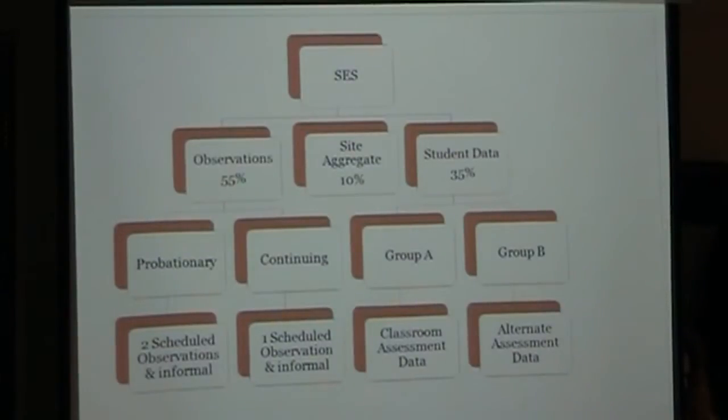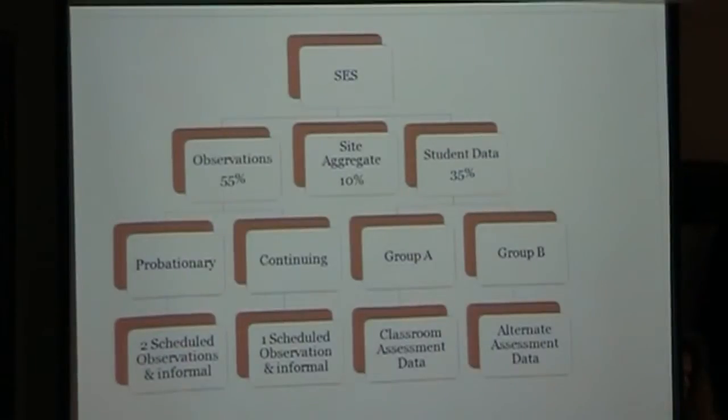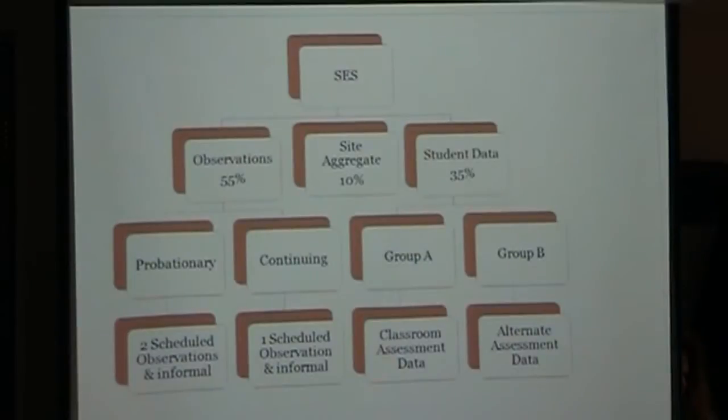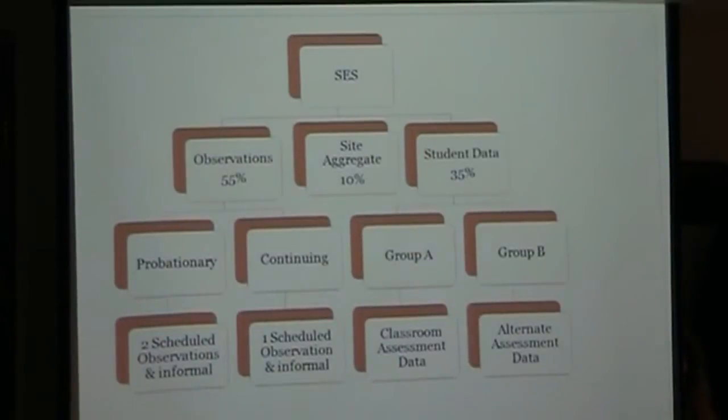Cite aggregate data is 10%, and that's to encourage collaboration, and student data is 35%. So you can see the student data. We break them up into Group A and Group B. I know I always say A's are our awesome teachers and B's are our brilliant teachers because I don't want them to think that there's any difference there. The difference has to do with the type of data available for those groupings, and we'll go into that further.